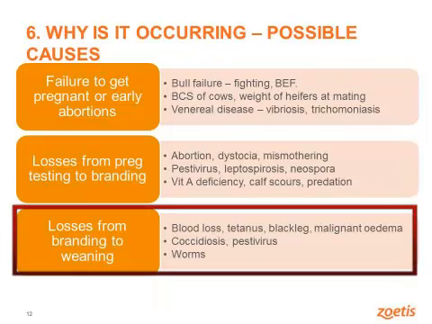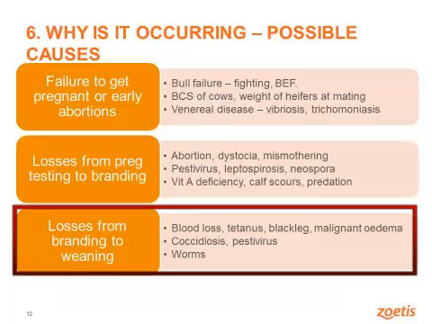The next identifiable group is losses from branding to weaning. These may include things associated with blood loss, tetanus associated with castration wounds and other surgical procedures done on calves. It could also be associated with blackleg due to bumping and bruising at branding. Could be due to malignant edema from infection of castration wounds.